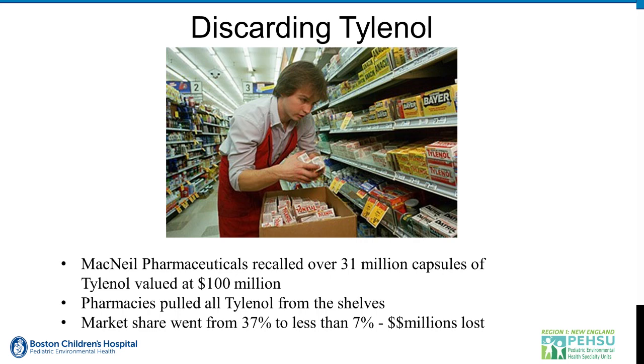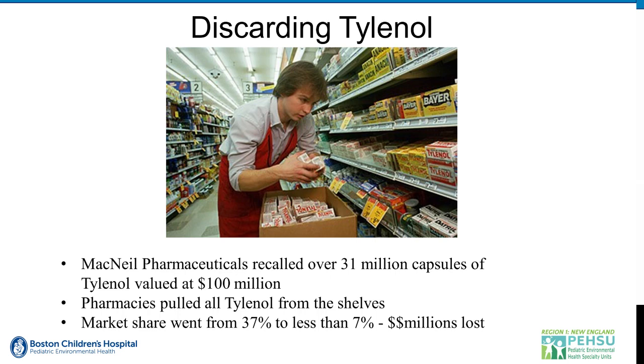When it became apparent that these 7 deaths were related to Tylenol in Chicago, there was a massive media response. It went out all over the country, and immediately McNeil Pharmaceuticals, a subsidiary of Johnson & Johnson, recalled over 31 million capsules of Tylenol, valued at more than $100 million back in 1982.